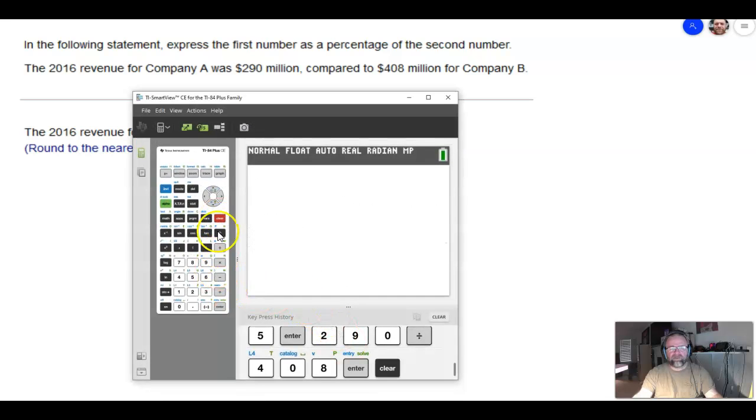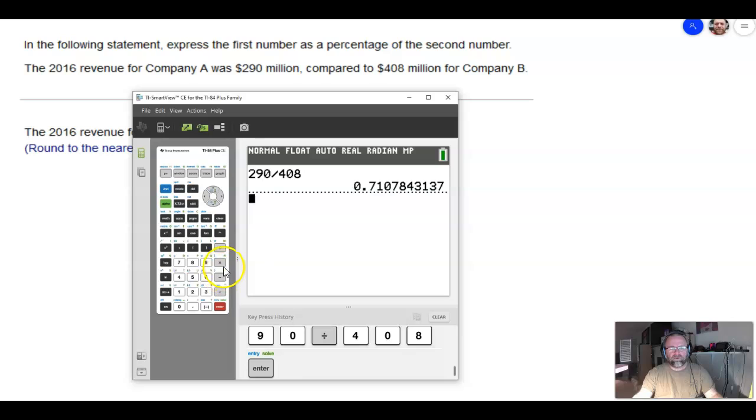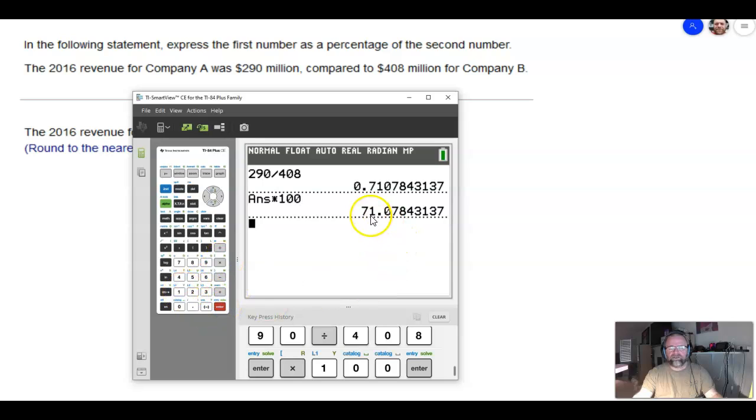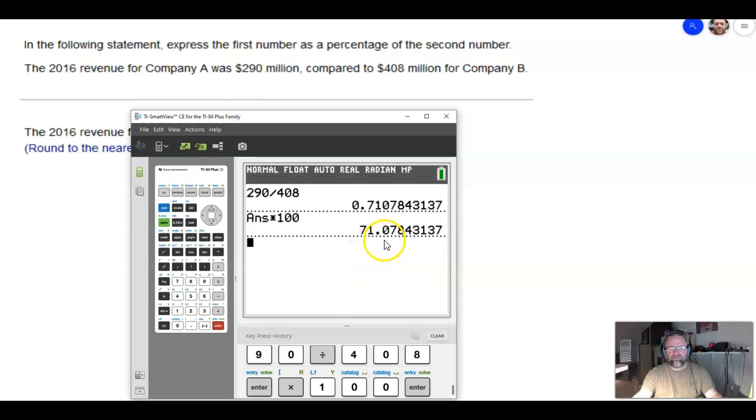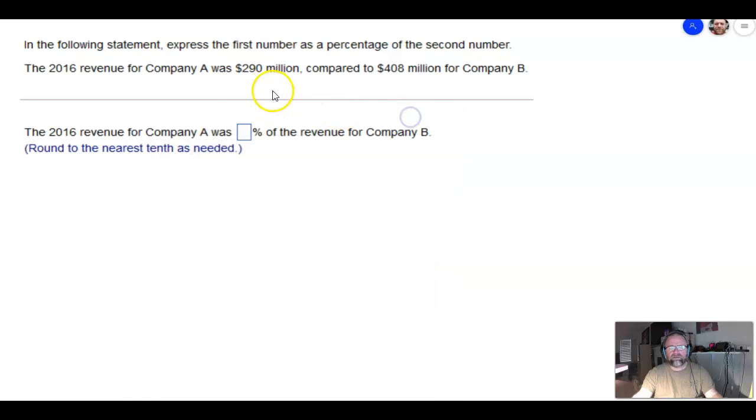That's going to give us the decimal, and then we can convert that to the percentage. So if you take the 290 and divide by 408, and then multiply by 100 in order to convert from a decimal to a percentage, that means that 290 is 71.1. We have to round this one up because there's a 7 right there, and the answer tells us to round to the nearest tenth. So this is going to be 71.1%. So 290 is 71.1% of 408.